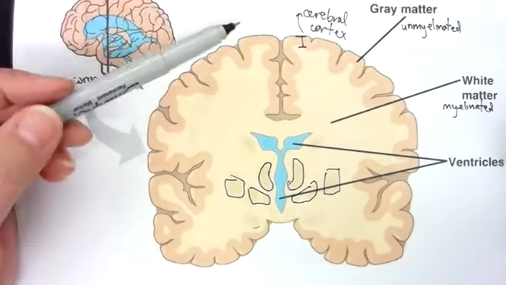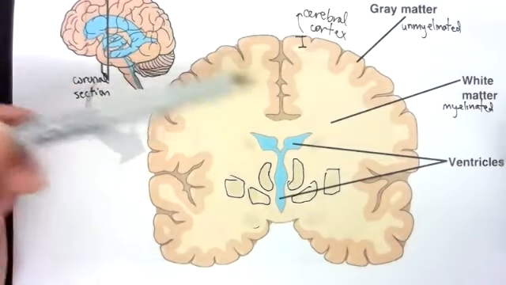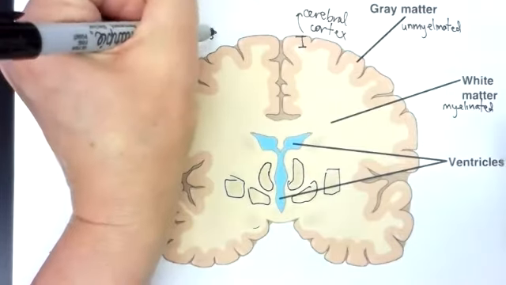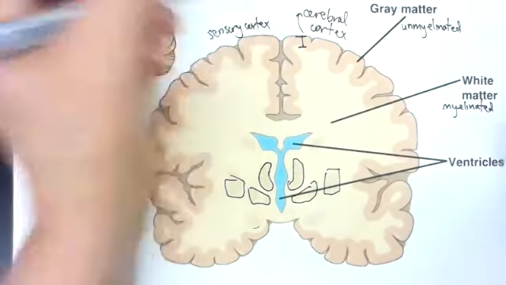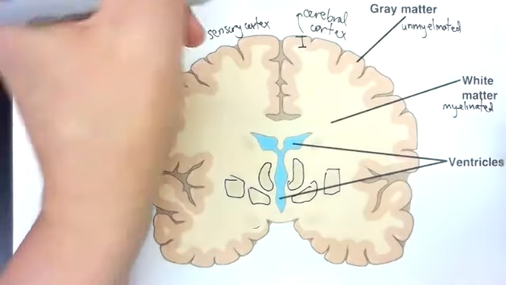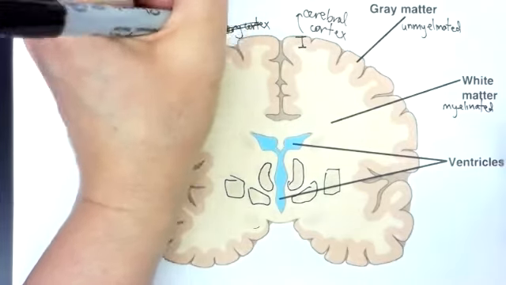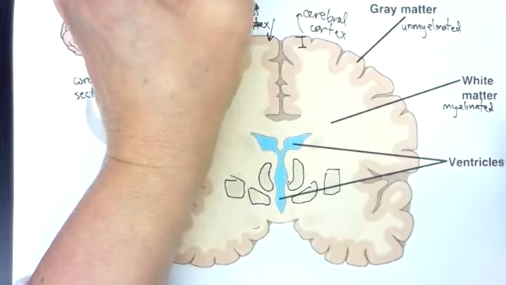Remember we had the primary sensory cortex, and then we had the primary motor cortex. Let's say this is the motor cortex. We really don't need to talk about the sensory cortex.